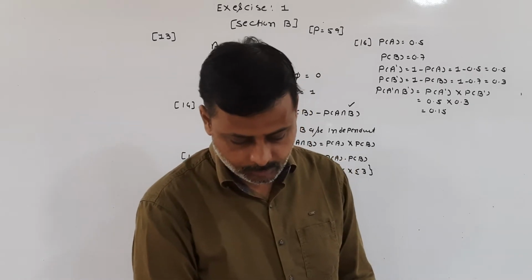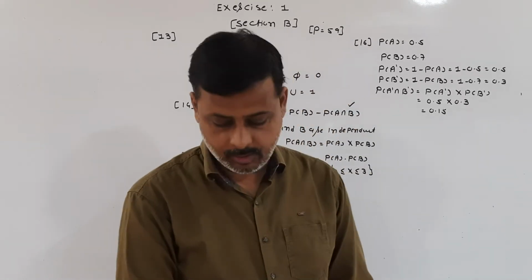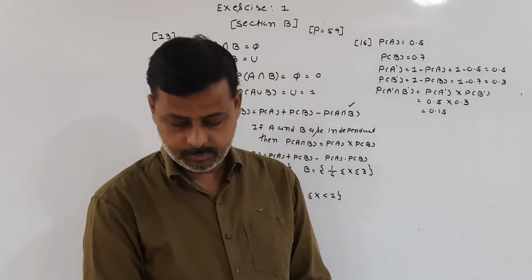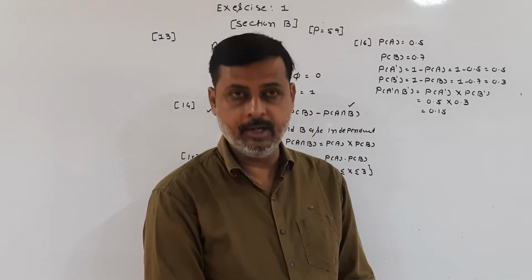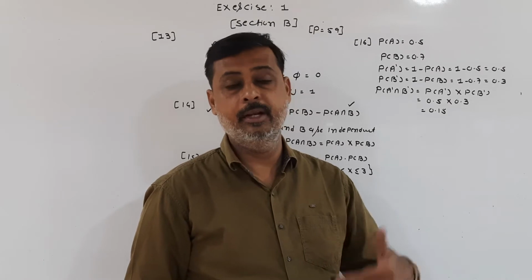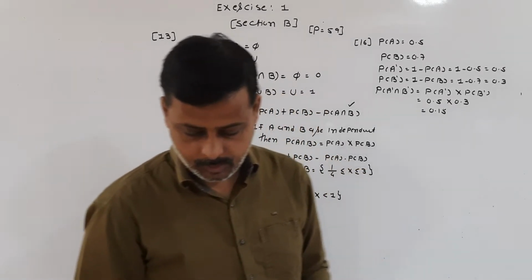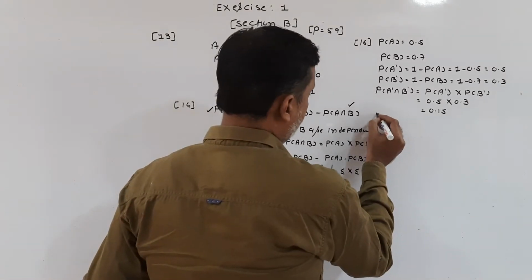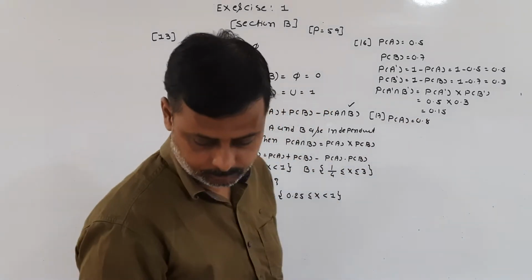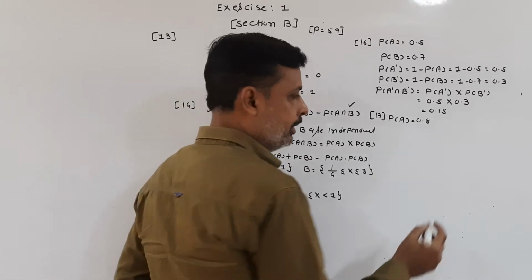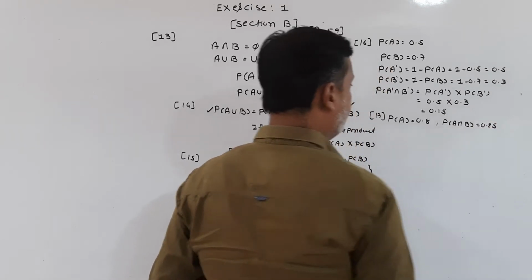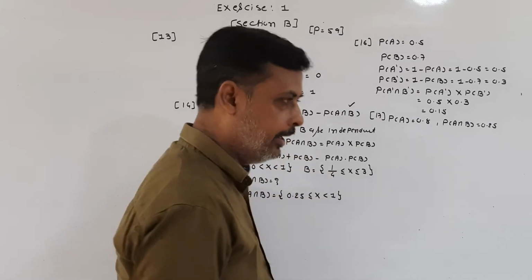Now next example 17. P of A is equal to 0.8, P of A intersection B is 0.25, and we have to find P of A minus B, means the difference event of A and B. So P of A is 0.8, then P of A intersection B is 0.25.